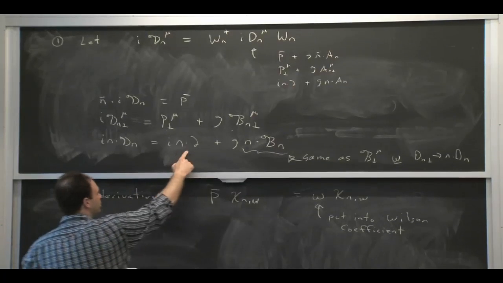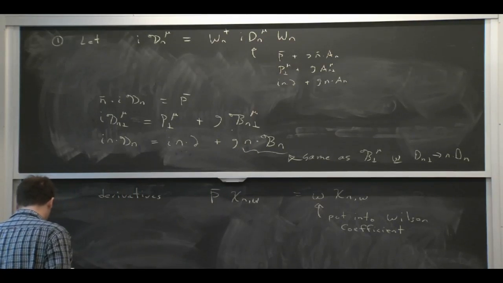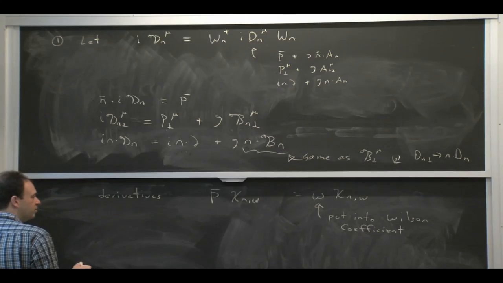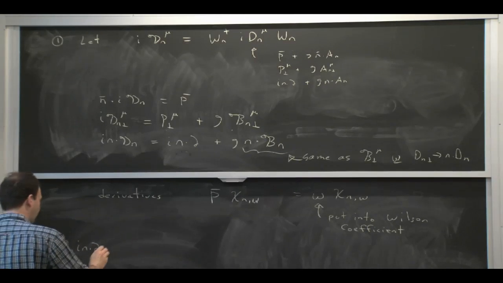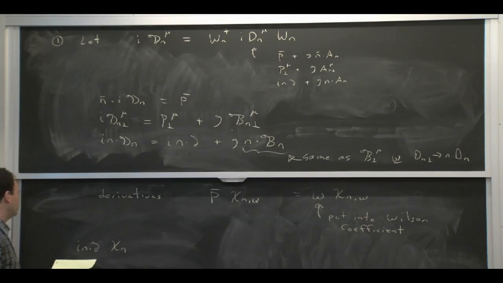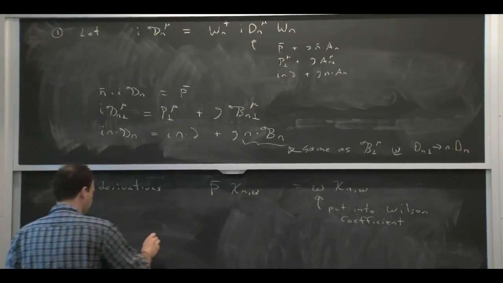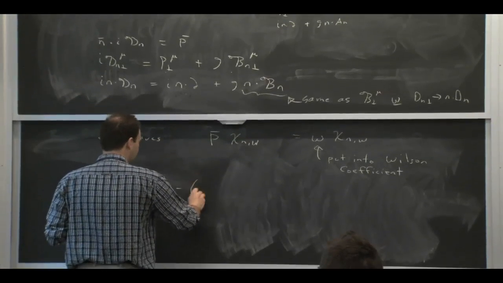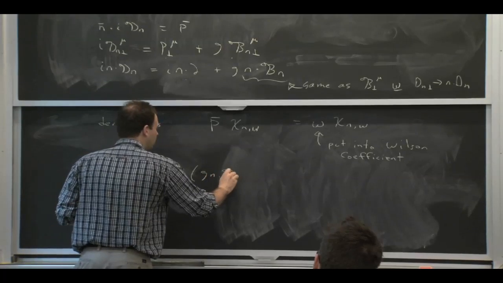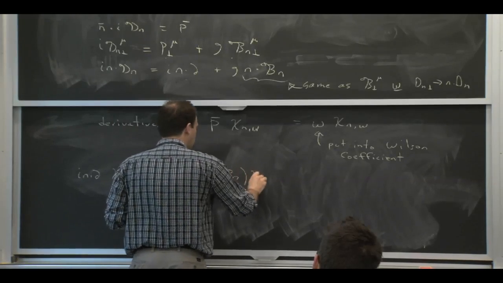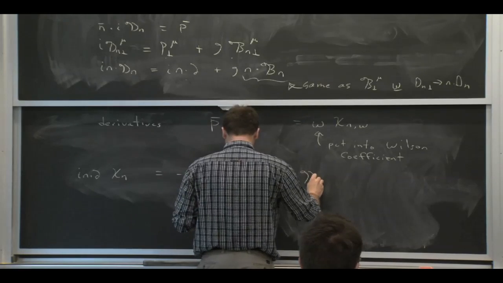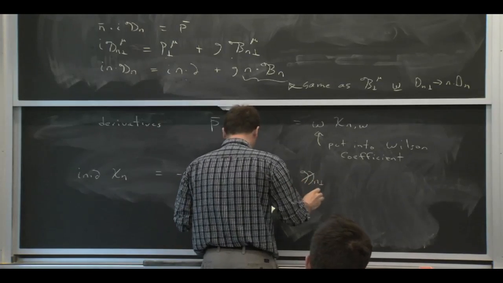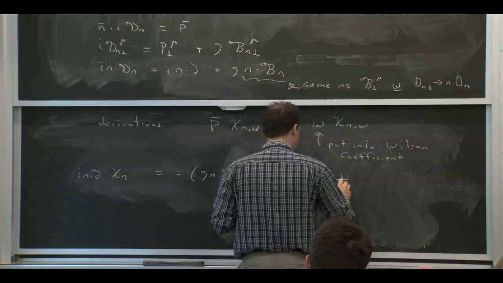So it's really these other two that we have to worry more about. And those can be simplified using the equation of motion. So if you have i n dot partial on chi_n, then the equation of motion, when you write it out in terms of these objects, has some form. And basically, you can just get rid of those terms.